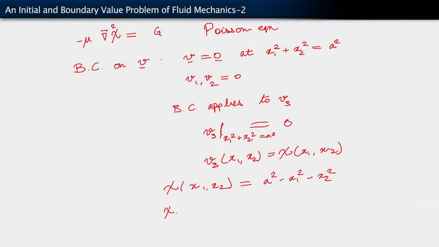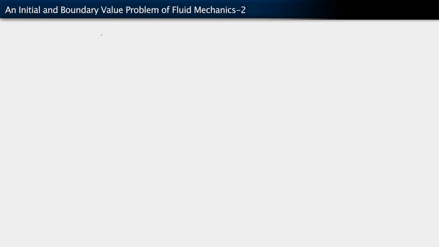So we see that chi at x1 squared plus x2 squared equals a square equals 0. Let's see what happens when we plug it back into our PDE, which is the Poisson equation.